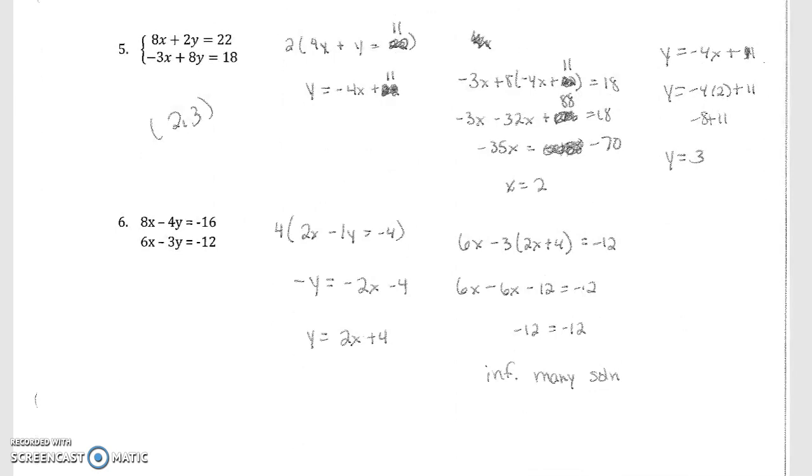Let's go ahead and look at number 5 for me. This is kind of a trick question, so I want to look at this with you. This is why I call it a trick question. You have 8x, 2y, you have negative 3x, and 8y. None of your coefficients are 1 or negative 1. So the question is, what can you do about that?